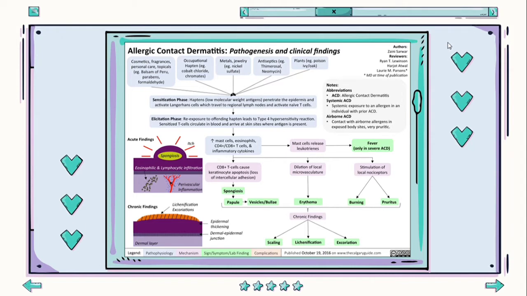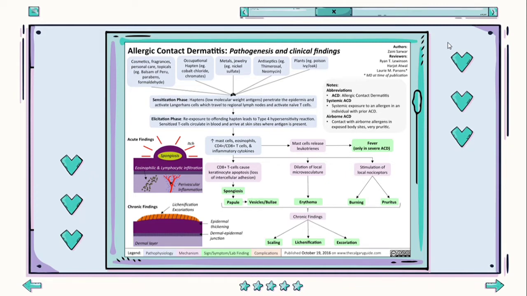After being exposed to allergens such as cosmetics, fragrances, personal care, topicals, occupational hapten, metals, jewelry, antiseptics, and plants, it will trigger the antigens to penetrate the epidermis and activate Langerhans cells, which travel to regional lymph nodes and activate T cells. This is called the sensitization phase.